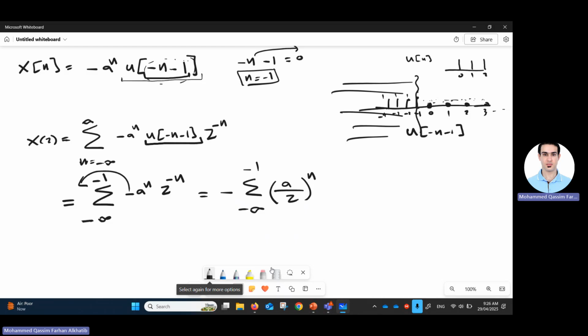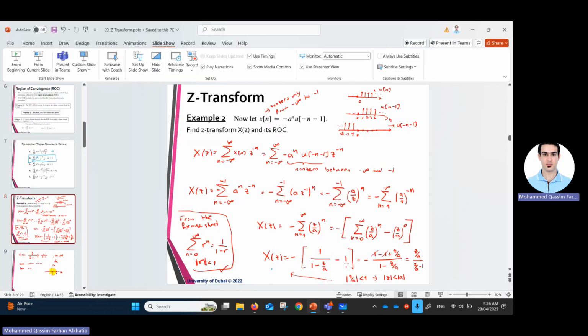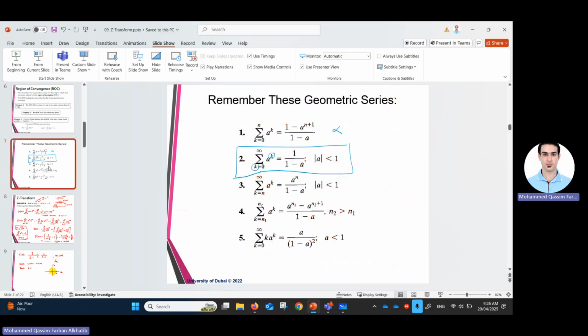Now, if you go to the tables in the previous slides, there is no such summation from negative infinity to negative 1. But we have from a constant to infinity. So this could be a candidate to work on.